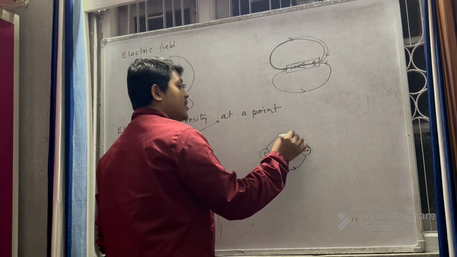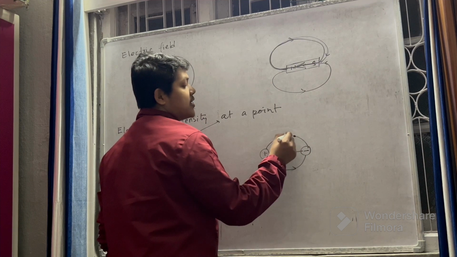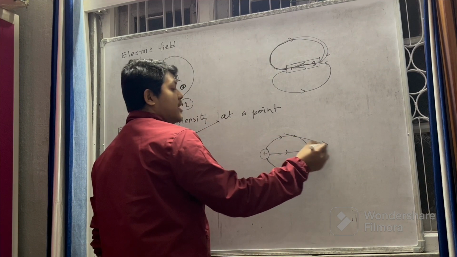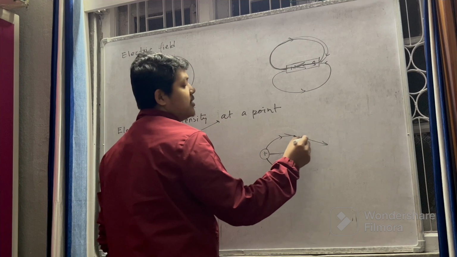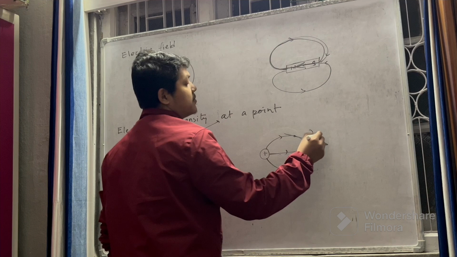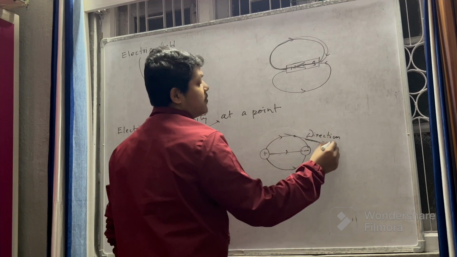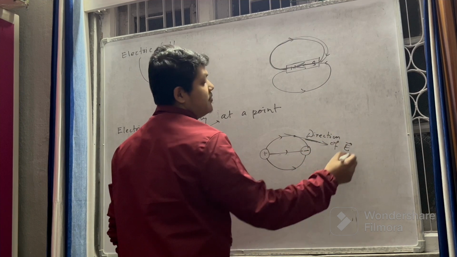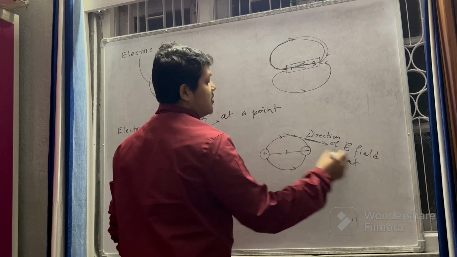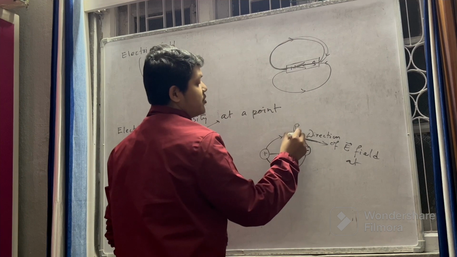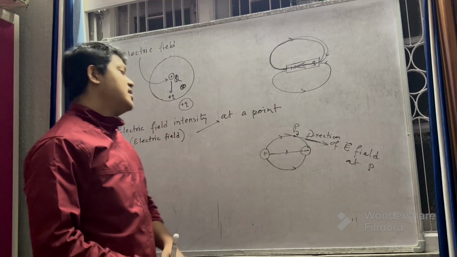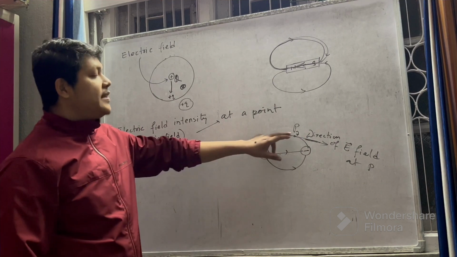Let us suppose this is a point P. If you draw a tangent here, and give the arrowhead towards the negative, then this direction is the direction of the electric field at this point P. This tangent will give the direction of the electric field at that point.